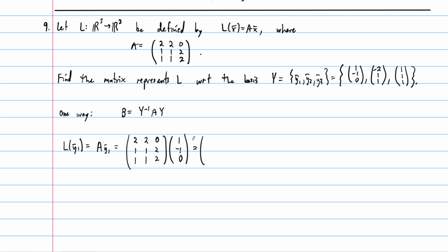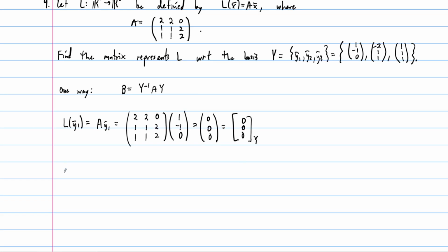This one's going to be 2 minus 2 plus 0, so that's 0. This one's going to be 1 minus 1 plus 0, that's 0. 1 minus 1, 0. Okay, that's easy, right? So the 0 vector, as we said, is the same in all coordinate systems. So L of y1, the first column of our matrix, is just going to be the 0 vector.